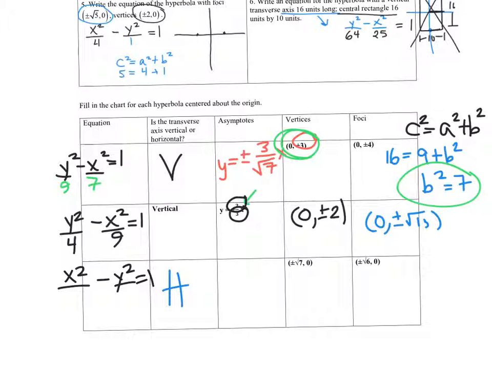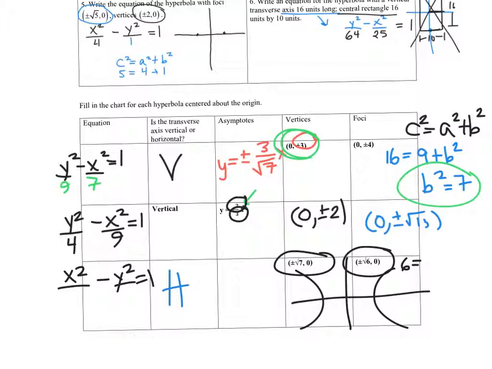So to figure out what the asymptotes are, I'm going to use c squared, which is going to be 6, equals a squared, which is, actually this isn't going to work. I'm going to have to change this number, because on a hyperbola you can't have your focal point be less than the vertices. Your focus needs to be farther out than the vertices. So this couldn't happen right here.